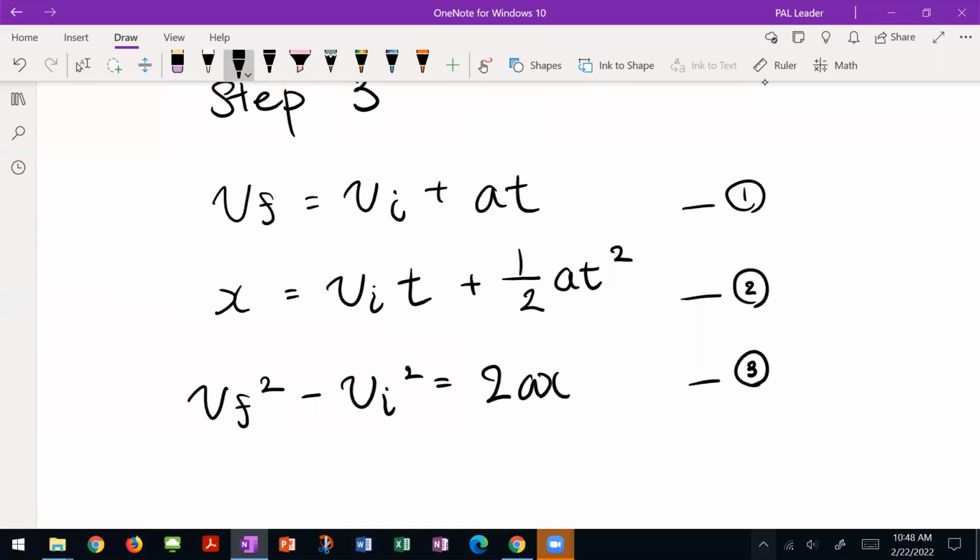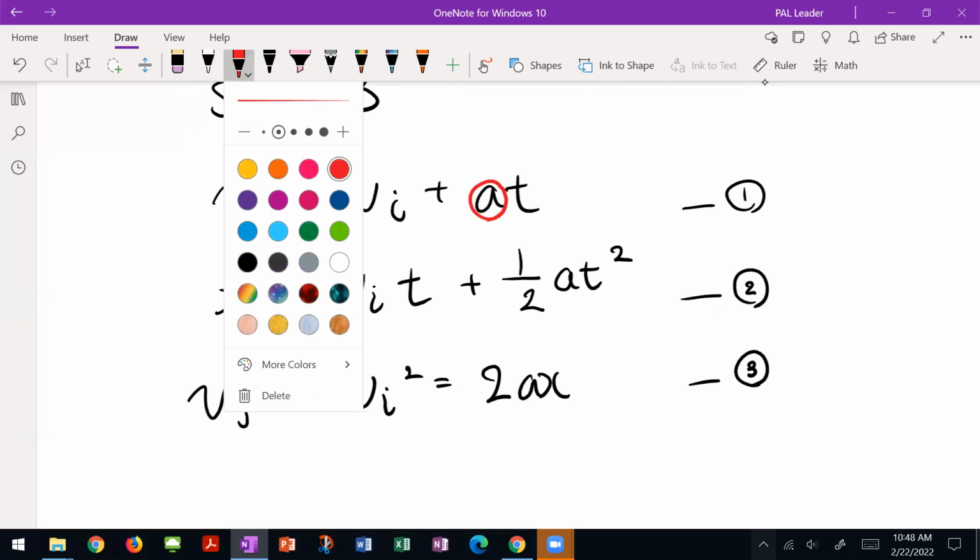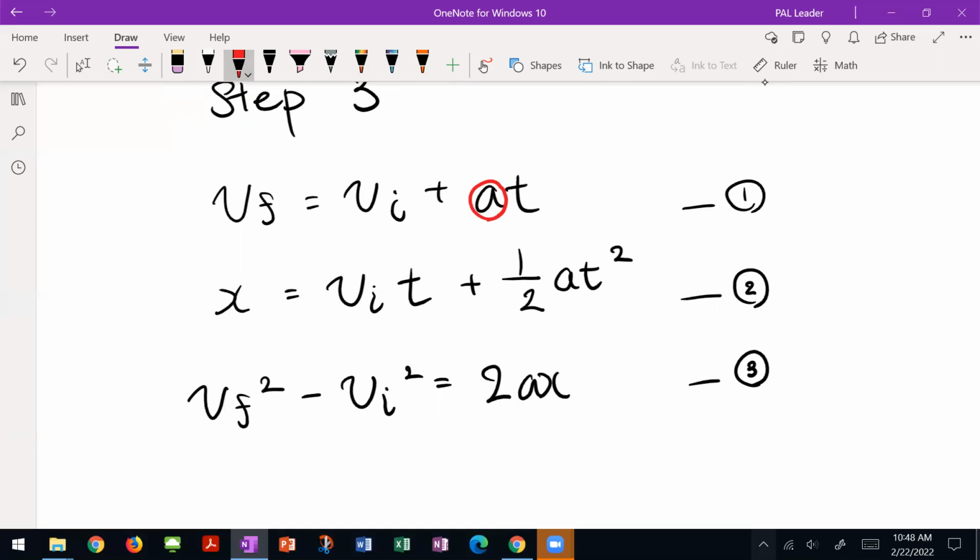So the final velocity of the police car, we don't know. The initial velocity of the police car, we do know it was 0. A, that's what we're looking for, right? Let me just circle all the A's in here.